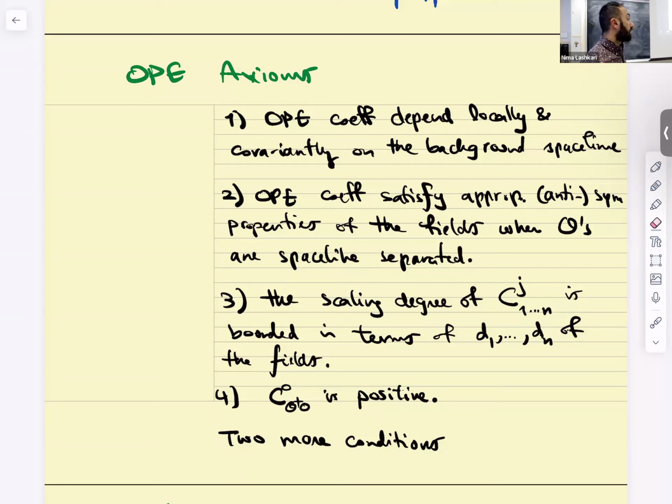Depends. So I haven't told you their radius of convergence of these relations, right? So yes, if you have curvature, these OPE coefficients, the curvature will be encoded inside these OPE functions, right?